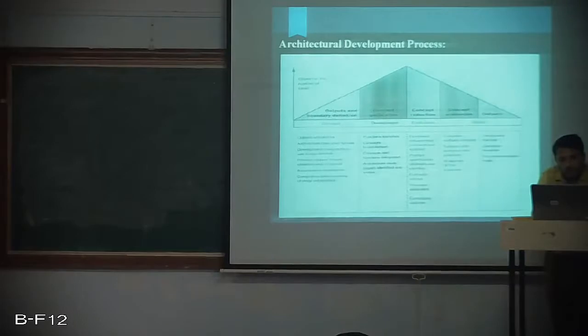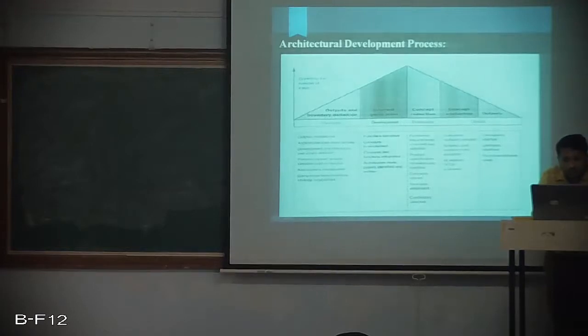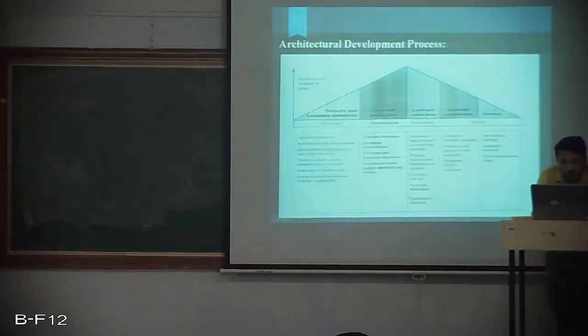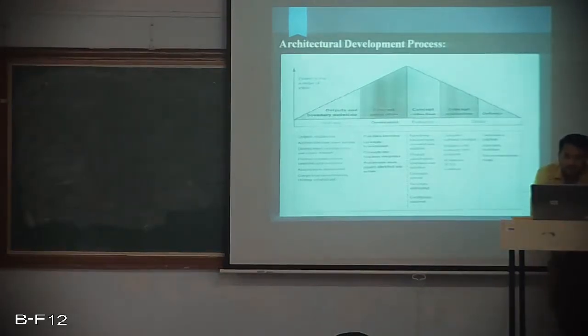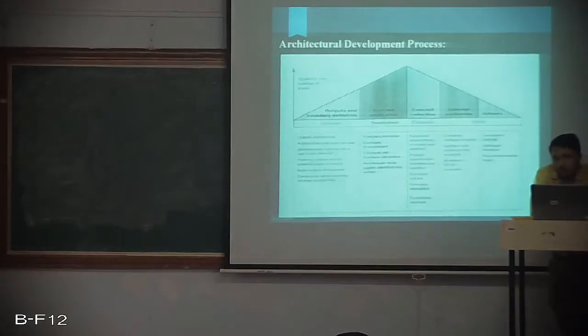And in concept generation, concepts are identified and brainstormed, concepts and functions integrated, architectural study, and papers identified and written. So all these activities come under design development and also concept generation.